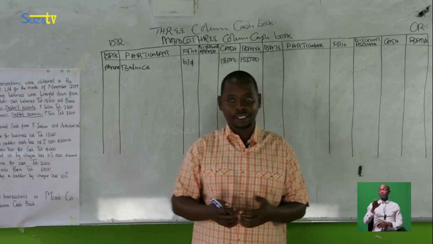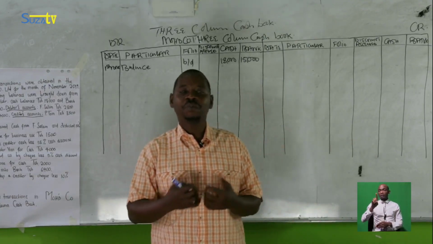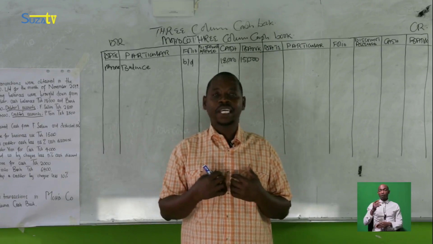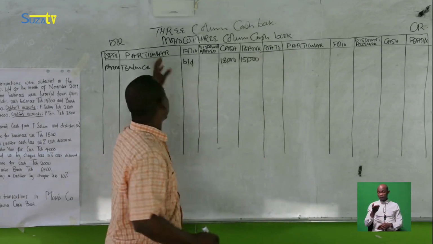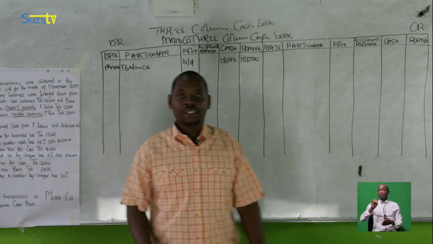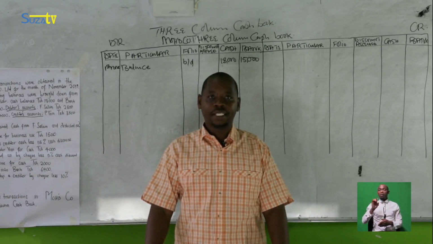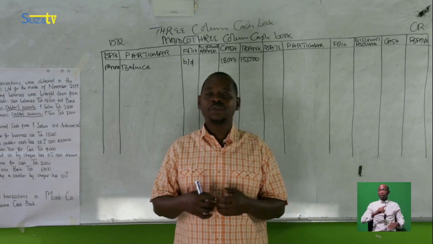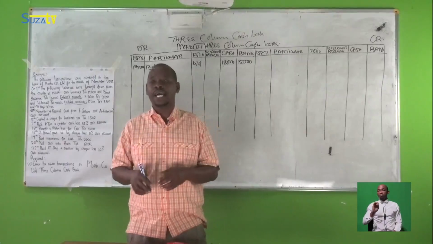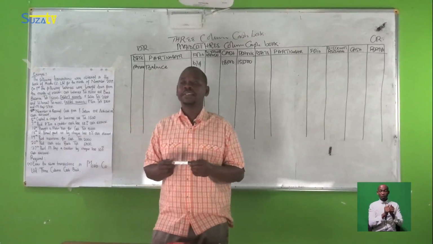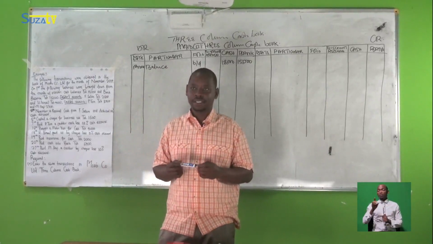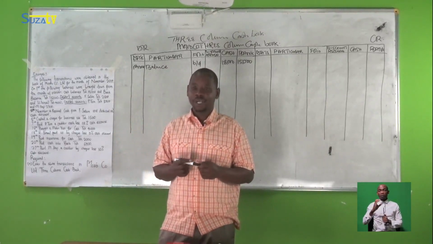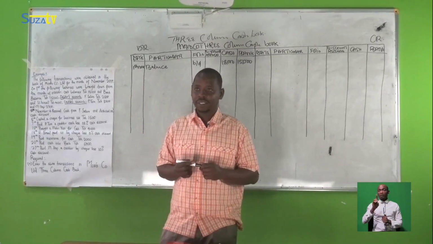When you say us, it means Muhammad. When Muhammad purchases goods on credit from a supplier, then Muhammad is known as a creditor. Have you understood it? Okay.